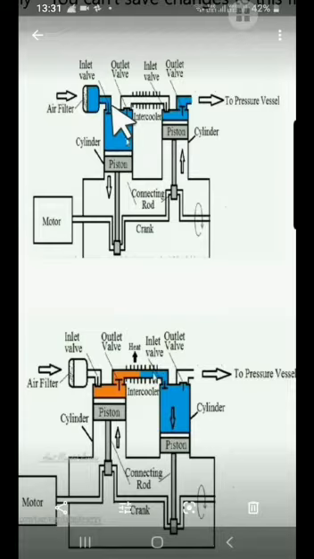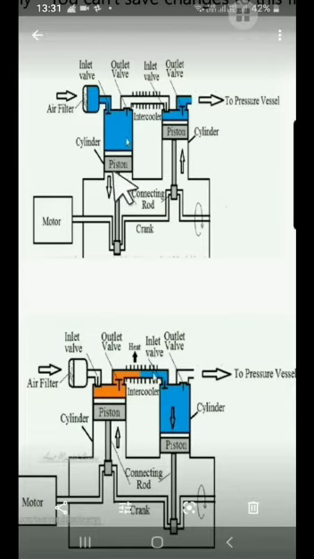In the low pressure cylinder, when the piston moves from TDC to BDC, it creates a void inside the low pressure cylinder. Because the inlet valve is differential type, it automatically opens and fresh air enters into the cylinder. As the piston reaches the BDC, the air has entered into the cylinder.